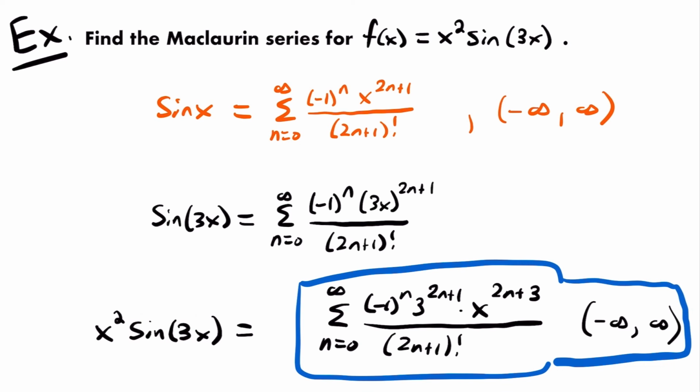All right, so when you use one of your common Maclaurin series to represent a function as a Maclaurin series, if the interval of convergence for that common Maclaurin series is from -infinity to infinity, that interval of convergence will remain the same for that function that you are representing as a Maclaurin series. The only time when that interval of convergence might change is when the interval of convergence for the common Maclaurin series is from -1 to 1, including or excluding those endpoints.